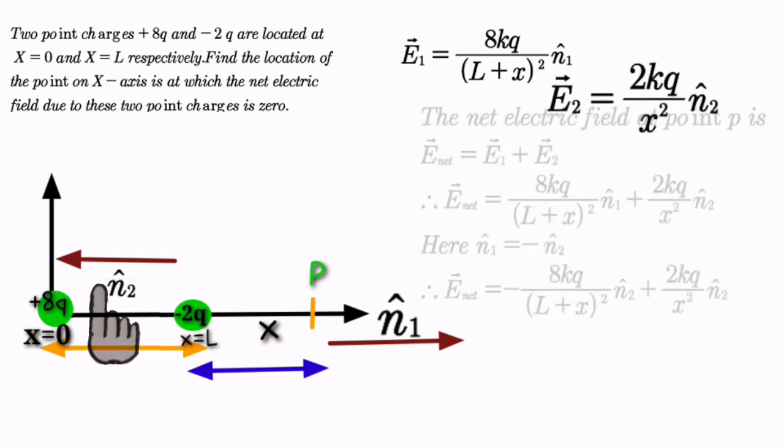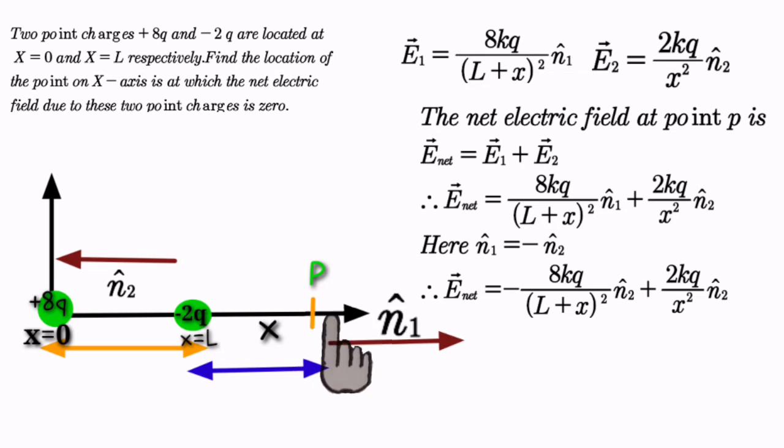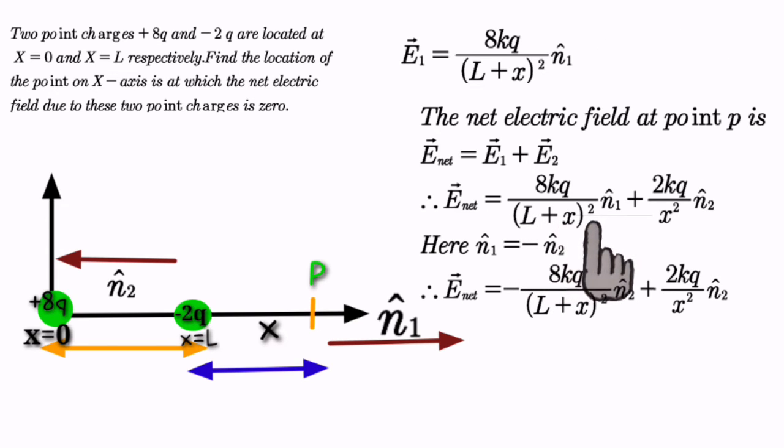Now the net electric field at point P due to these charges is E net vector equal to E1 plus E2 vector. After putting the values of E1 and E2, we get E net vector equal to 8kq divided by (x plus L) whole square into N1 cap plus 2kq divided by x square into N2 cap.